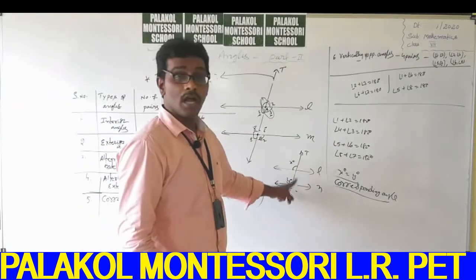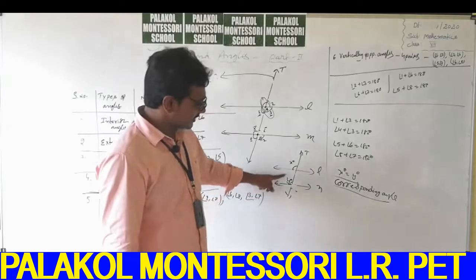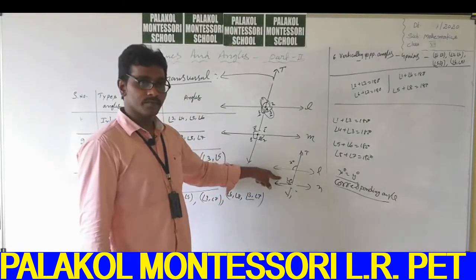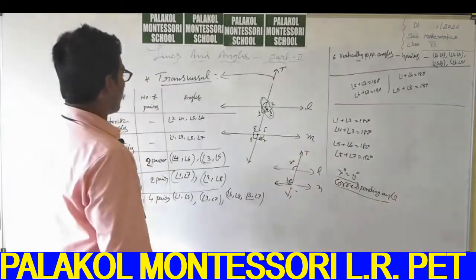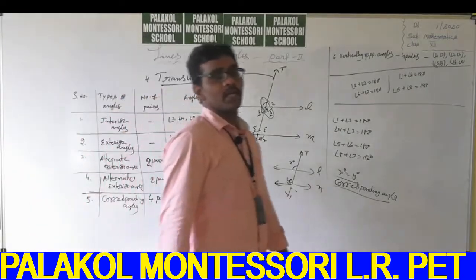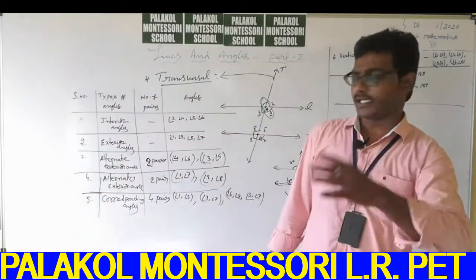This is alternate exterior angles. Corresponding angles are like this. Okay, clear? Keep all these points in your mind and you can do the sums very easily. Come to the point.